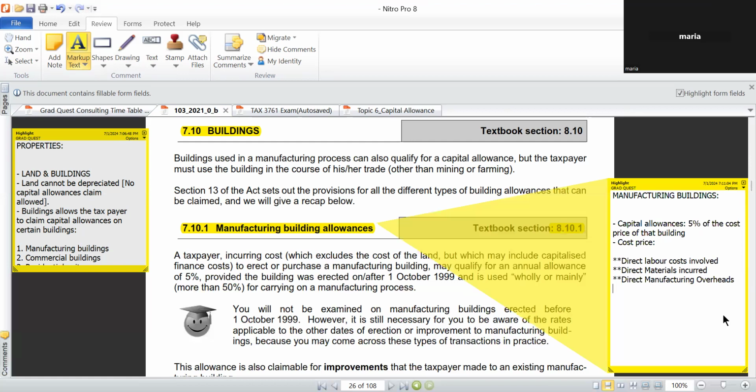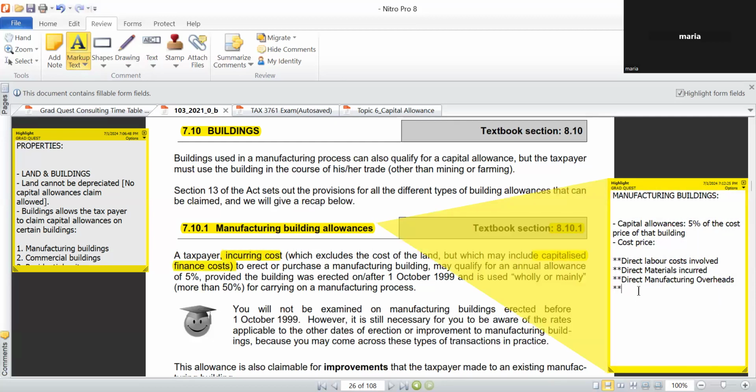But apart from that, if you don't have the labor cost or direct material cost per se, they will tell you that you are incurring certain costs over that particular property. Those costs, amongst others, could include, for instance, the capitalized finance costs.